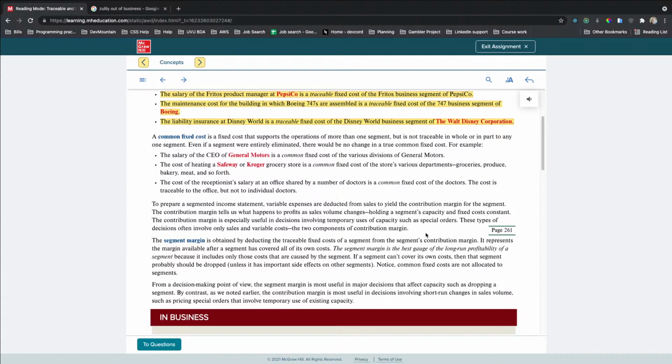The segment margin is obtained by deducting traceable fixed costs of a segment from the segment's contribution margin. Aha. Traceable fixed costs.